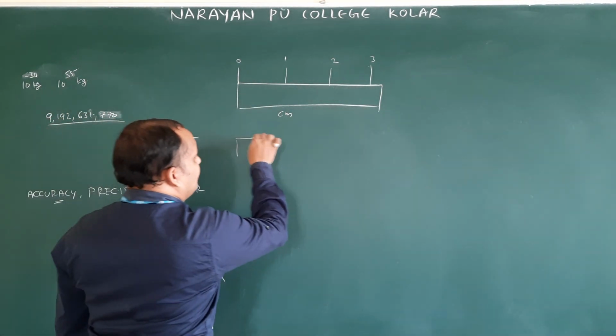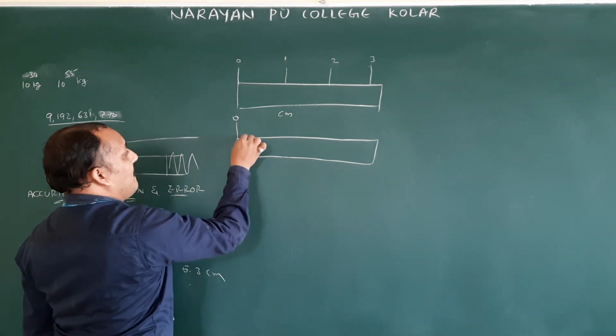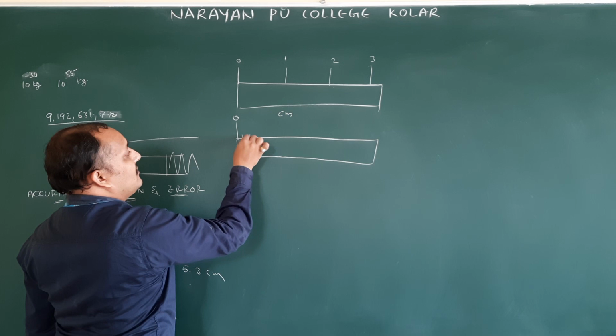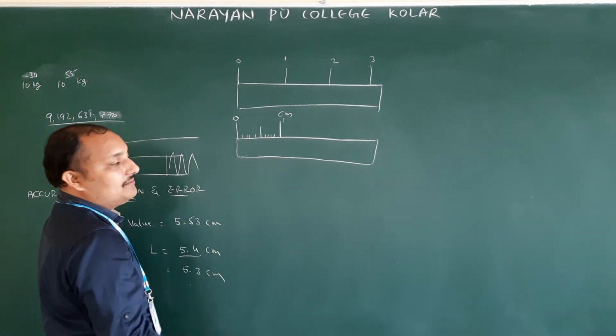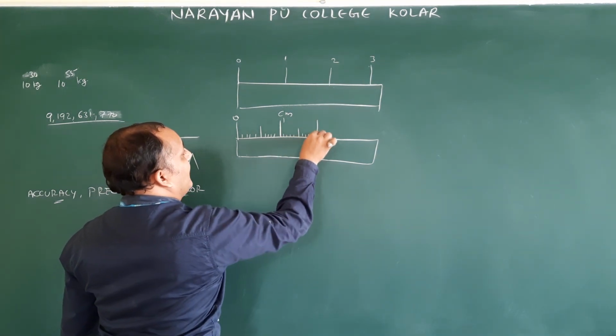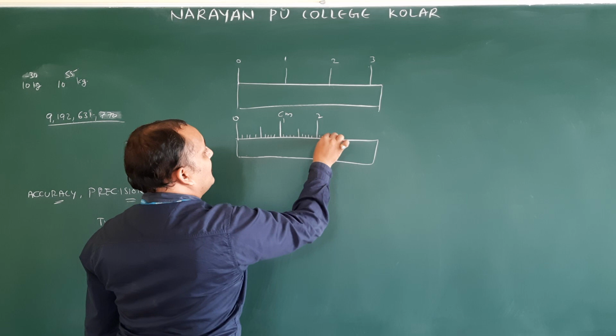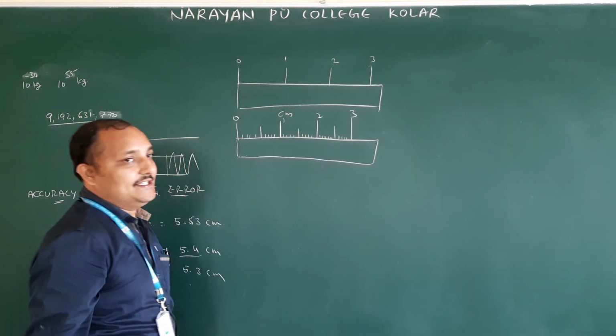Another scale is there. This is 0, then 1, 2, 3, 4, 5 divisions, and this is 1. Next, 1, 2, 3, 4, 5, and this is 2, and so on up to 3.